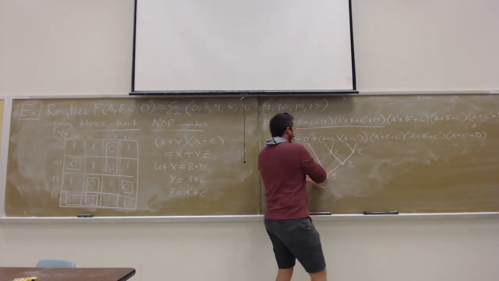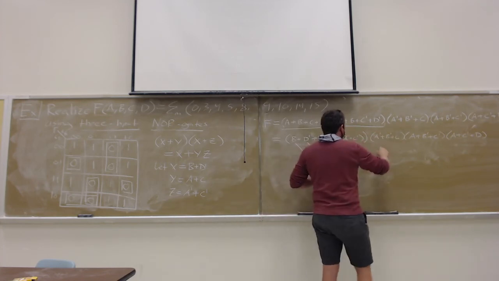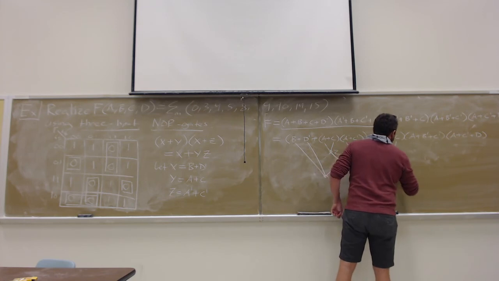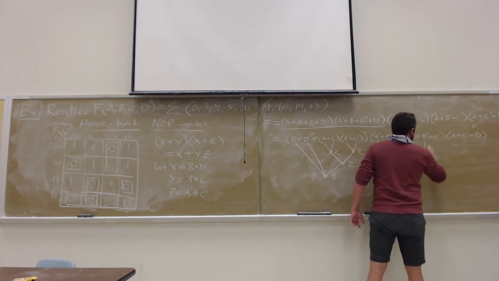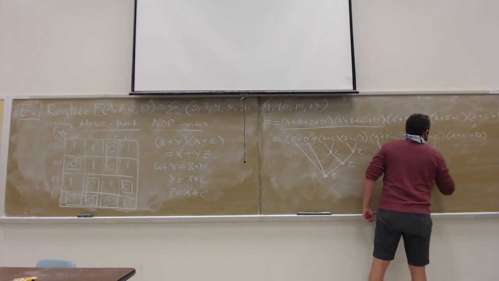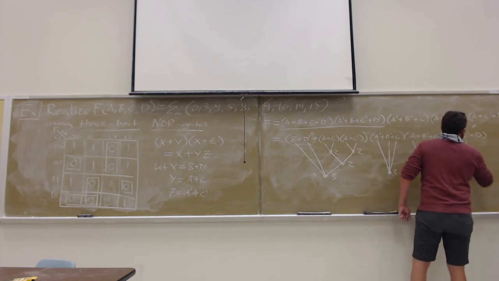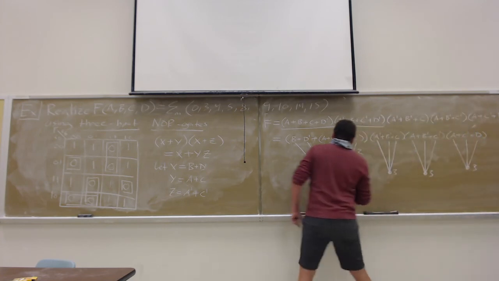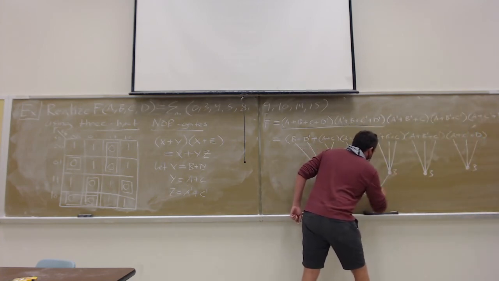This last level of OR gates right here is going to match with these guys. So that's going to be 3, 3, 3. And then the last level is the AND operation that happens.